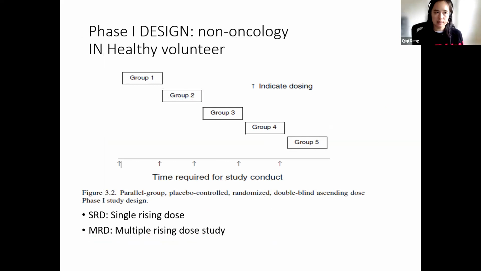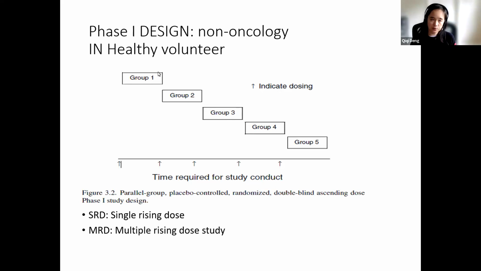For a phase 1 study, if we're talking about chronic disease, and generally in the non-oncology field, we usually use healthy volunteers for phase 1 testing. The study design is more or less like this, that you have different groups lined up.